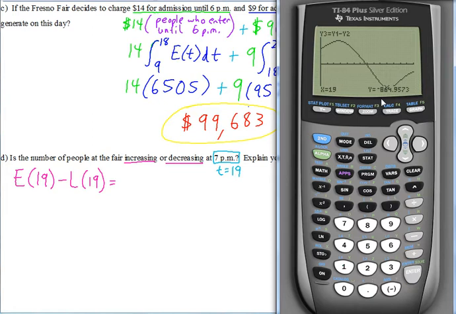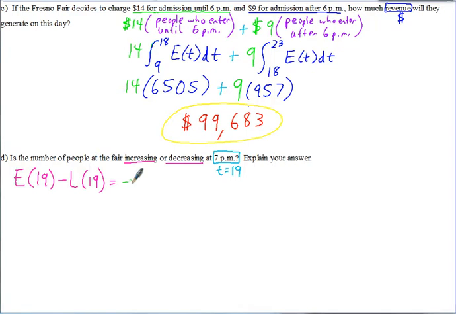See right here, it's negative 864.957. And since it's negative, since our derivative is negative at that time, we know the number of people in the fair is decreasing. So that's how we can explain our answer.